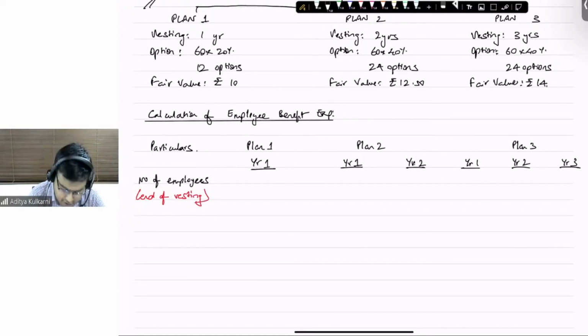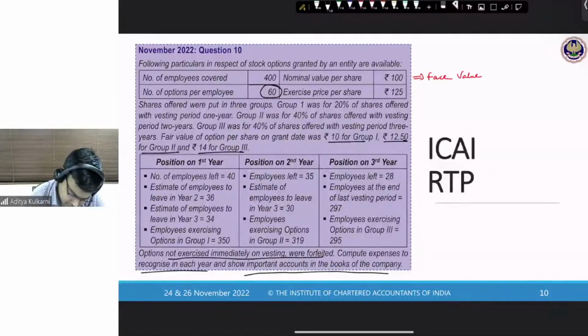So in the first year for plan 1, if you look at the question, 400 employees are covered, out of which 40 left. So how many are left? 400 minus 40, how many remain? 360. Is this actual or estimates? So 360 will be remaining at the end of year 1.